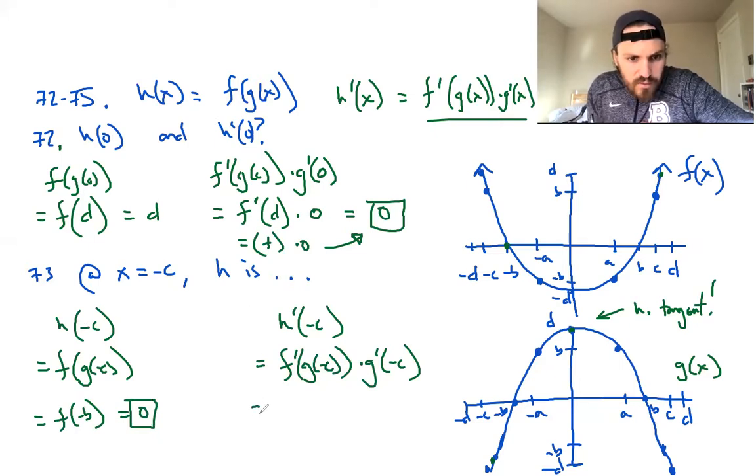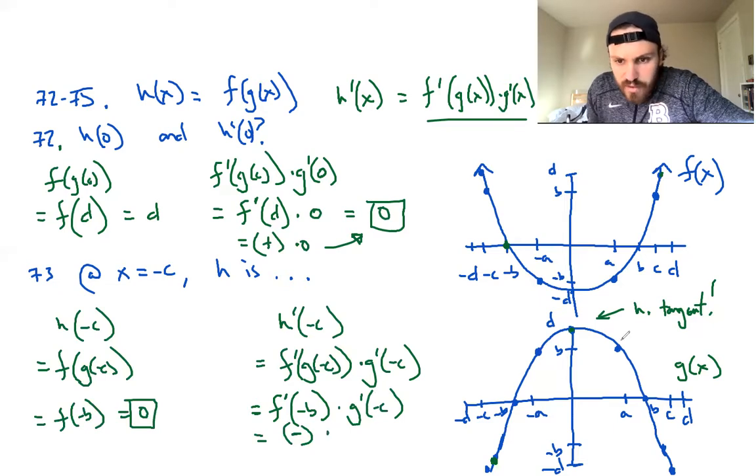Now, what about increasing or decreasing? So this is going to be f prime of g of negative c. Remember that g of negative c is right here, and it is negative b. So f prime of negative b times g prime of negative c. Okay, so f prime of negative b. So here is negative b, and f prime is some negative number. I don't know what it is, but it's negative.